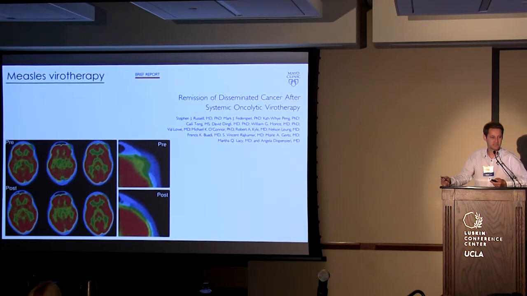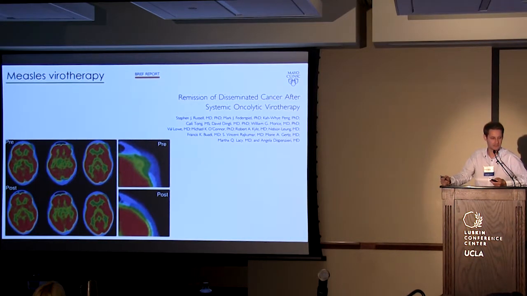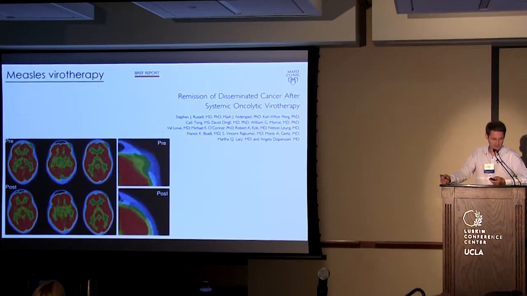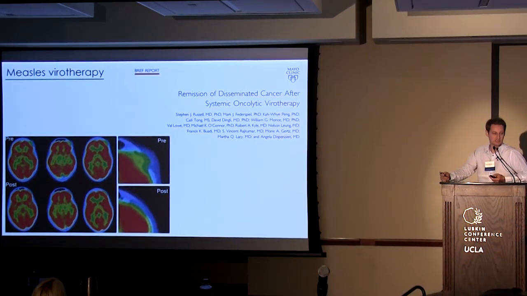So I showed you that TVEC went to phase 3 trial and went to the clinic. For measles virus, it's a little earlier actually. At Mayo Clinic, there is a lab that is more advanced in working on this. They had a pilot study in 2 patients that had multiple myeloma resistant to any therapy, and it was published in 2014.